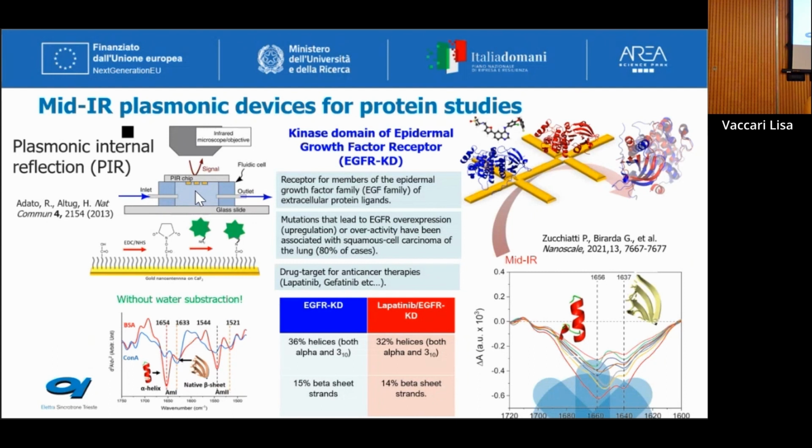But the point is that when your light comes in this direction, it doesn't penetrate all the sample, but just a few nanometers from the surface. And these few nanometers are basically fully covered by the protein if you have a very uniform layer. So you can obtain information on your protein anchored on the chip with exactly the same resolution that you can obtain for dried samples. So you overcome the water barrier.